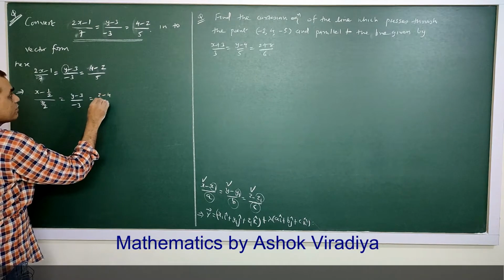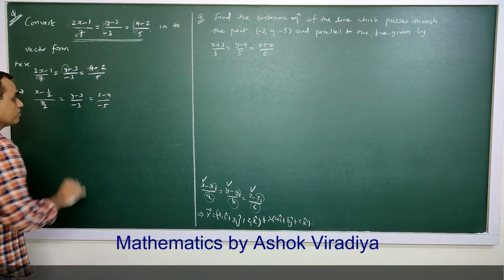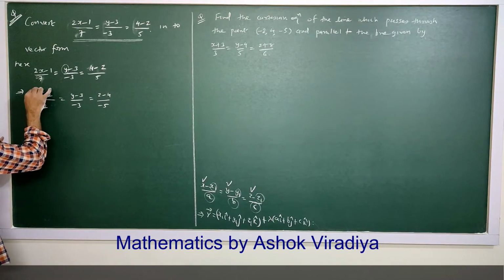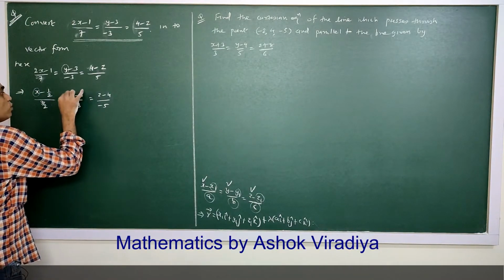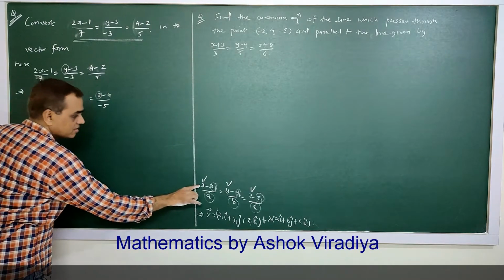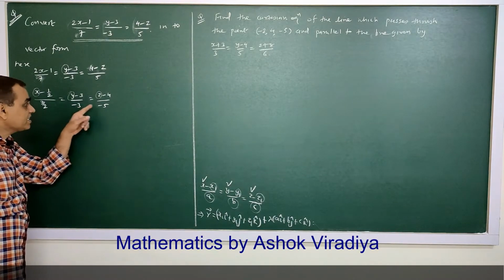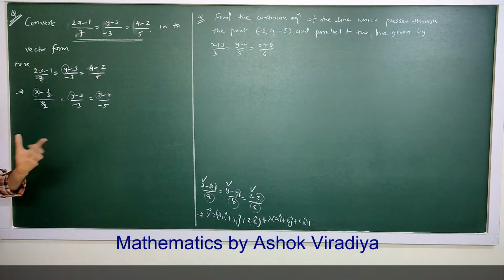So z minus 4 upon minus 5. So see here 1x, 1y and 1z. This form is obtained. And see, 7 by 2, minus 3, minus 5 are direction ratios.